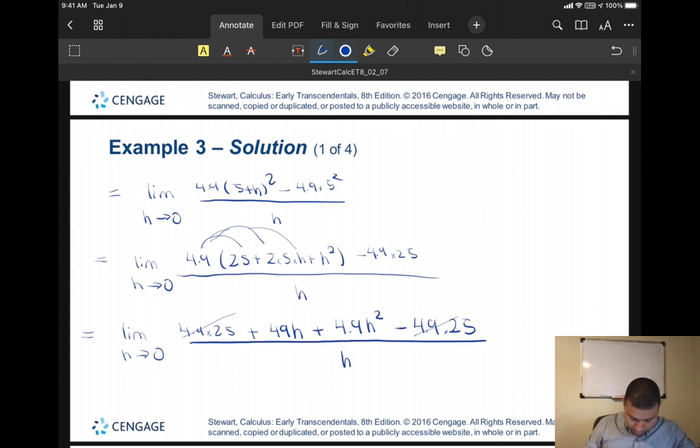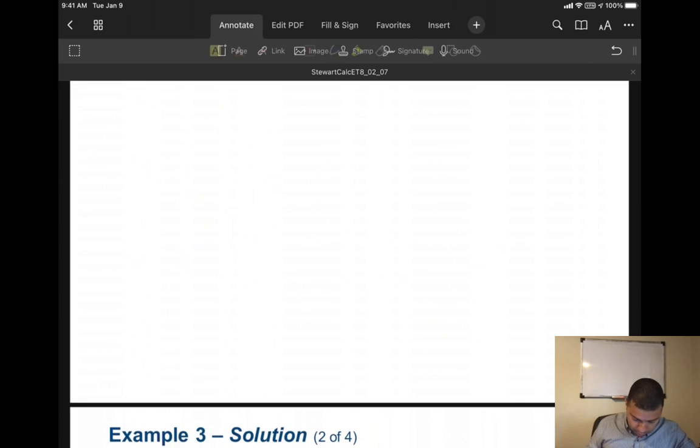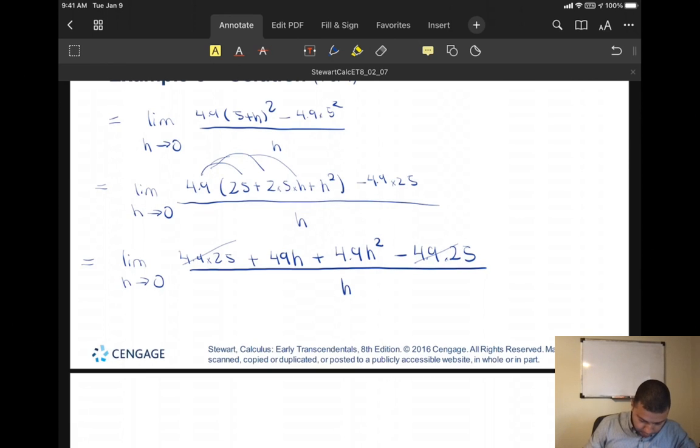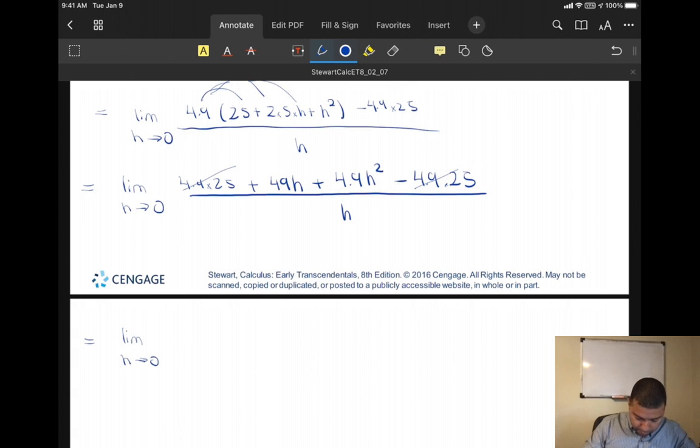So then you have 49h plus 4.9h squared, all that divided by h. Factor out an h from the top.